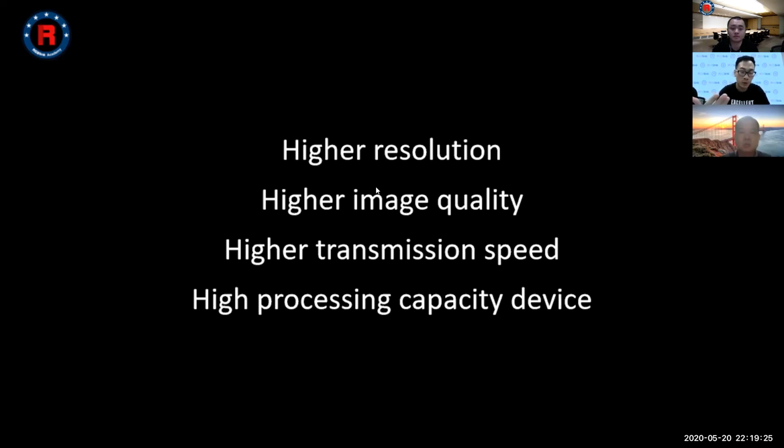And for the third one, higher transmission speed. So on your cell phone, we need to use 5G technology to transmit the 4K content. And the last one, it needs a higher processing capacity device to process the 4K content delivery.